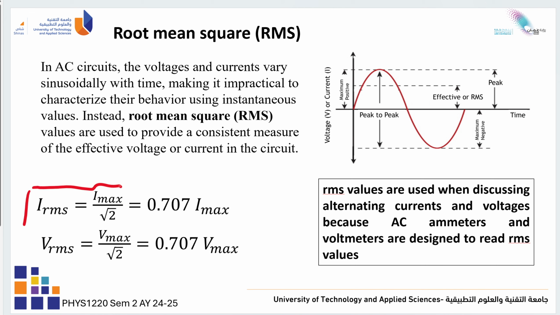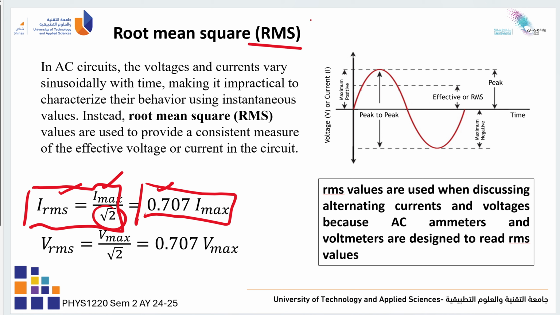If I calculate the root 2, I can write I RMS equal to I maximum divided by root 2, or 0.707 multiplied by I maximum. Both ways are there. I can write in this form, or I can write in this form. This is the rule in the form of the RMS.